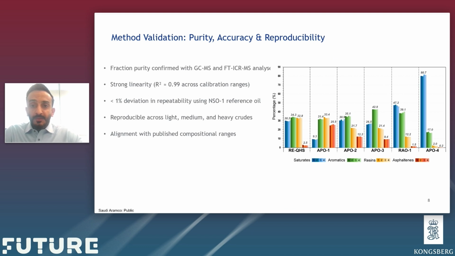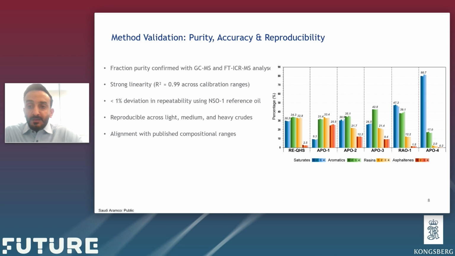Moving on with method validation and reproducibility, what you see here is a bar chart of the different crude oil types that we looked at, and the rock extract as well. It shows the runs done 4 times.